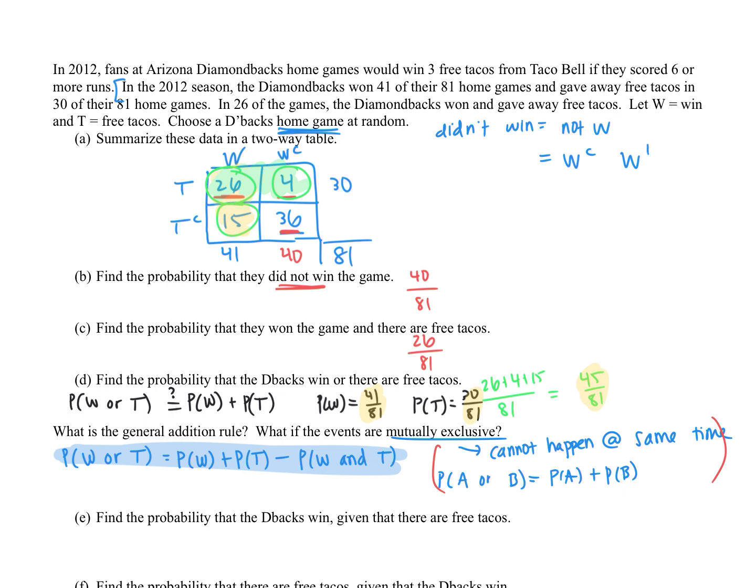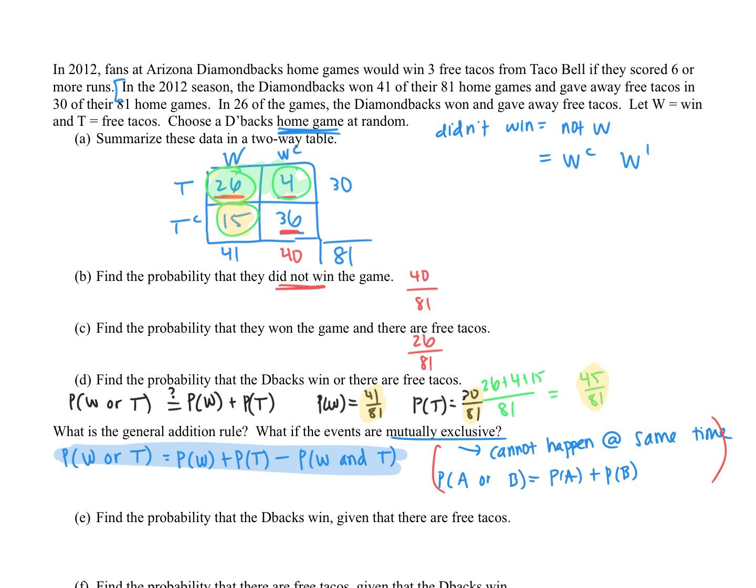Why is it W or T and not W plus T? W plus T doesn't mean anything because we're thinking like W and T like they're variables. They're not though. They're events. So saying wins plus free tacos just doesn't make sense in terms of events.